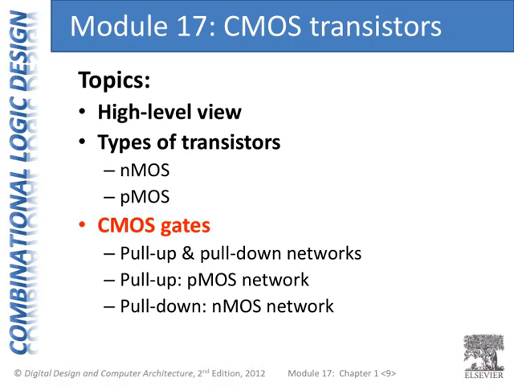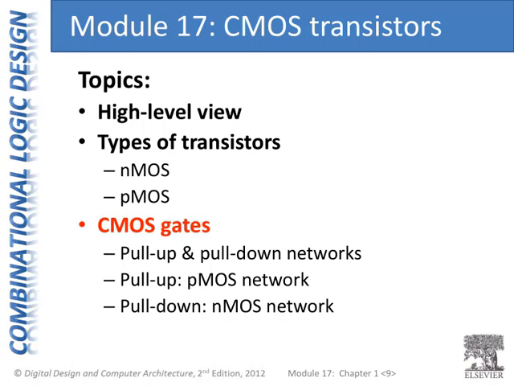Okay, so now let's talk about how we build CMOS gates, so NOT gates, NOR gates, NAND gates, etc., using these transistors. We're always going to have a pull-up network and a pull-down network for every single gate. Every single gate will have both.